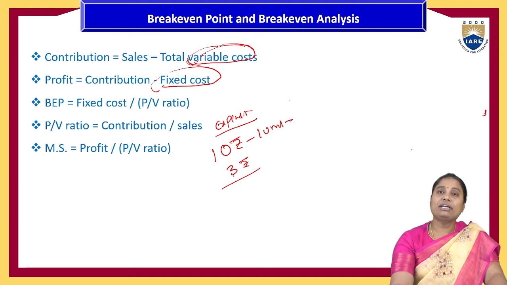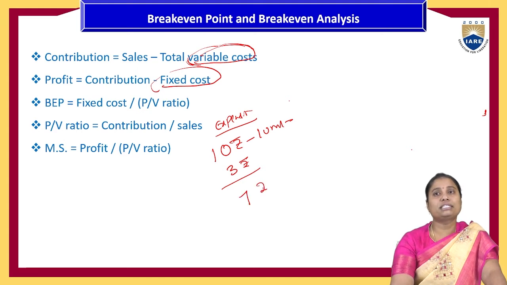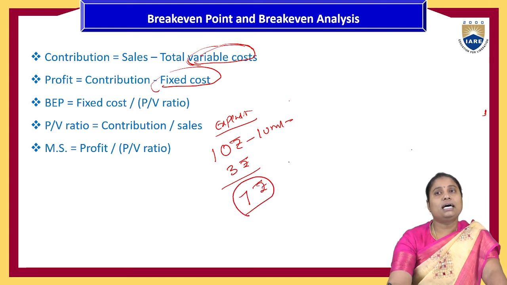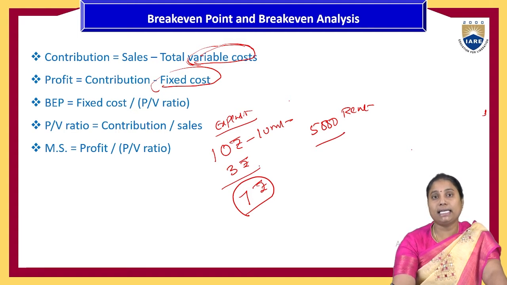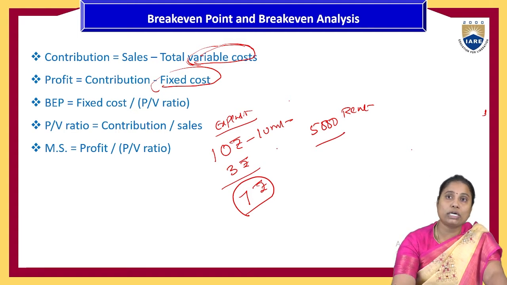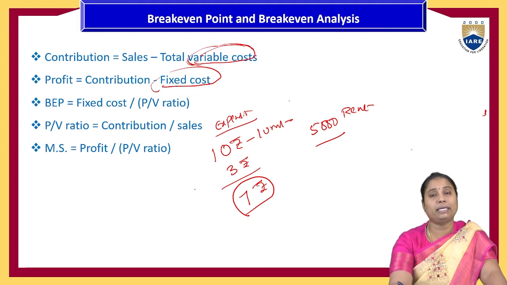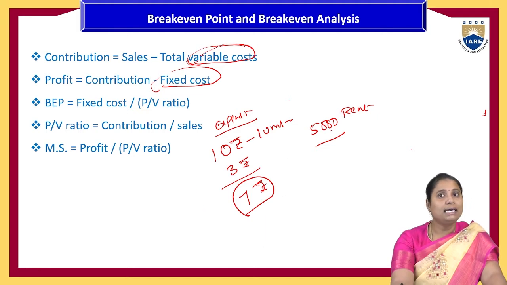That means 7 rupees is contributed towards covering the fixed cost. Assume that 5,000 rupees of fixed cost is the rent they pay. Rent is for the entire units; they can't segregate it to 1 article or 10 articles only. They spend that rent for all the total products produced in that area.